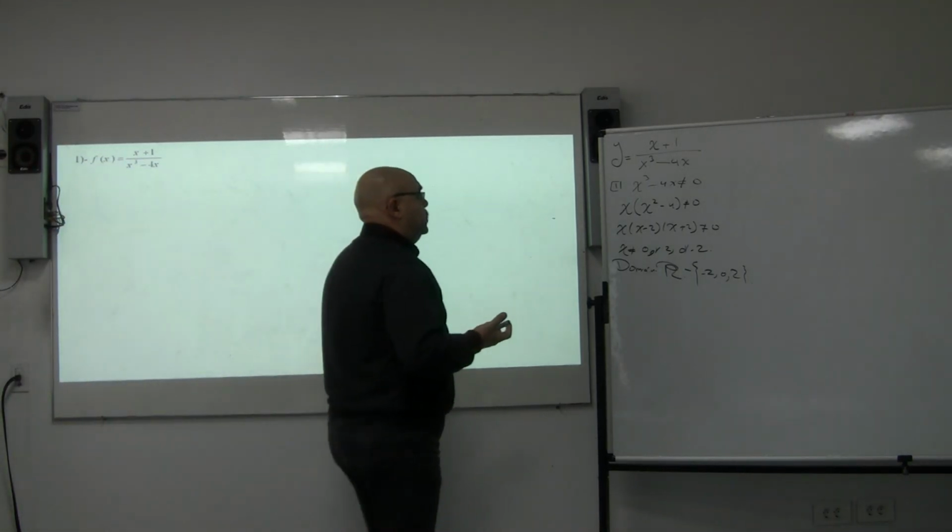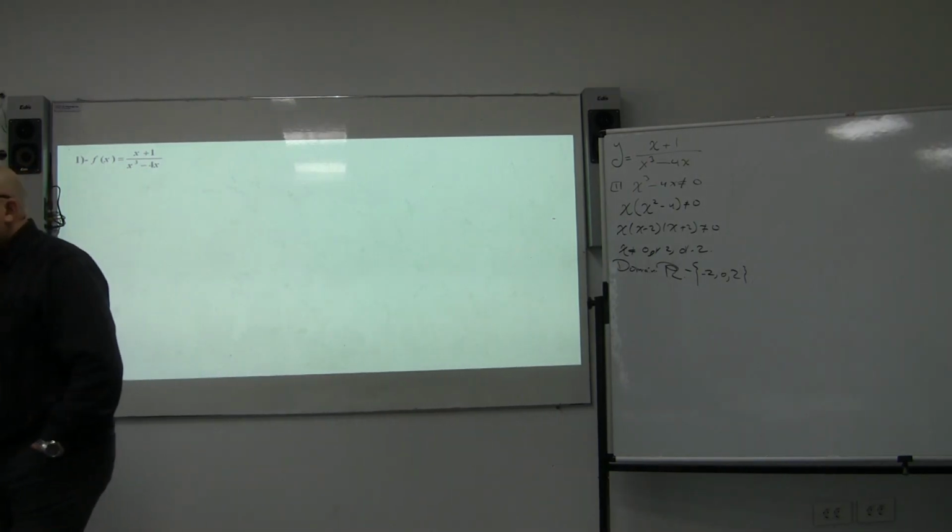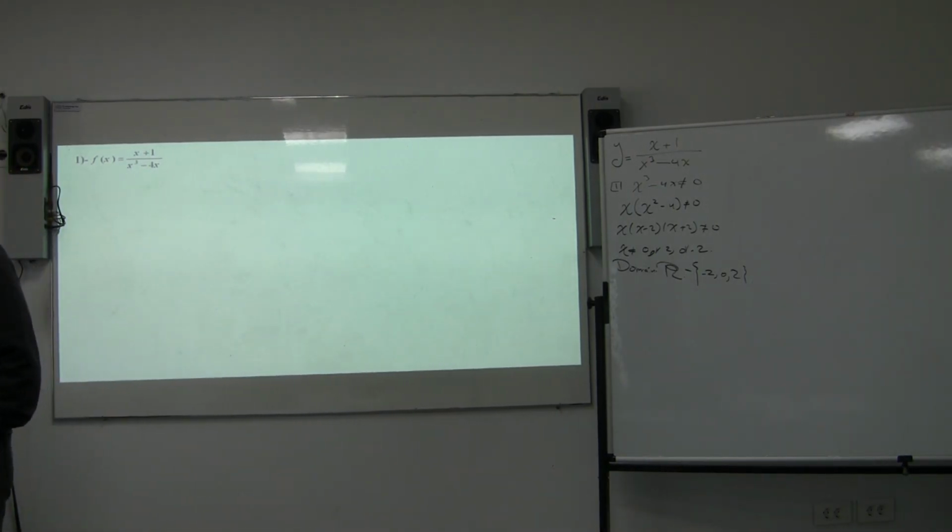But in order to get the range of this function, I have to speculate or think about how the sketch is going to be. So how to sketch this function just by knowing the vertical asymptotes, which are the zeros of the denominator? We already have them at the time being.